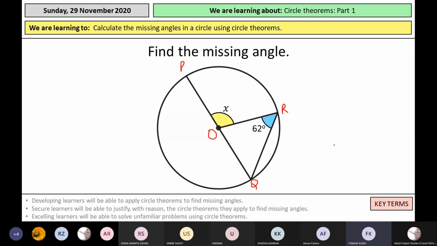Excellent. Okay, so these are the terms which you need to understand and you should know on your fingertips: what is chord, what is diameter, what is radius. This is the only game that you need to grab with and apply and execute in your properties of circle.